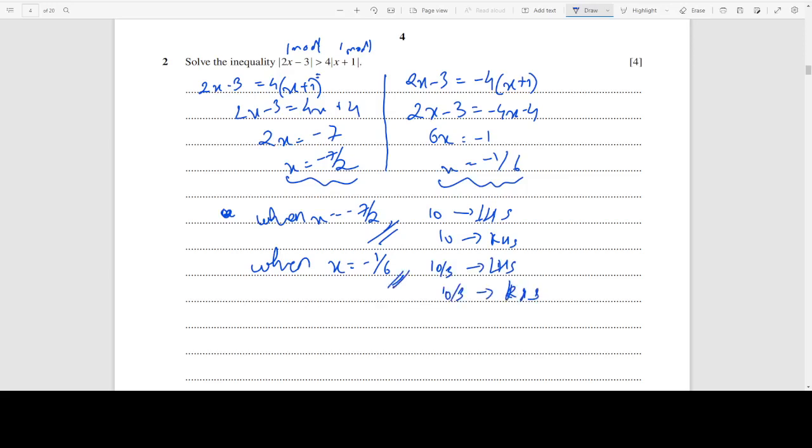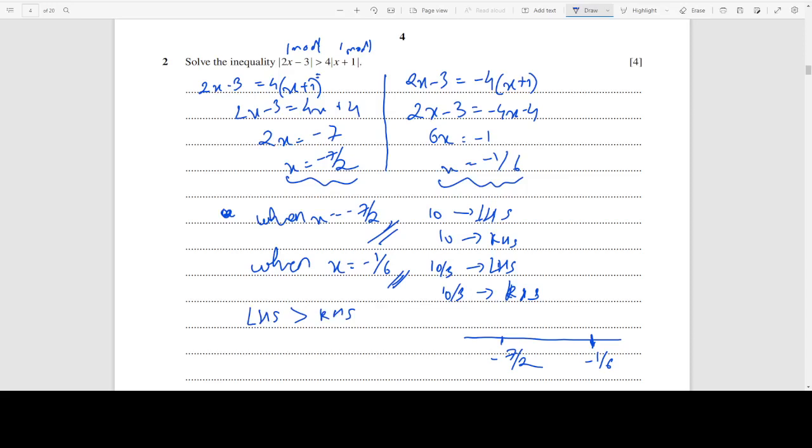So these two are the endpoints, meaning at these points the left hand side is equal to the right hand side, but we just have to find the values of x for which the left hand side is greater than the right hand side.